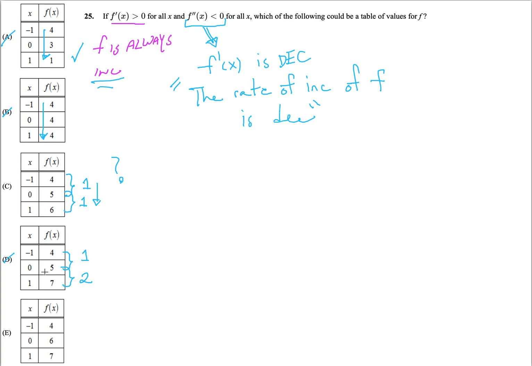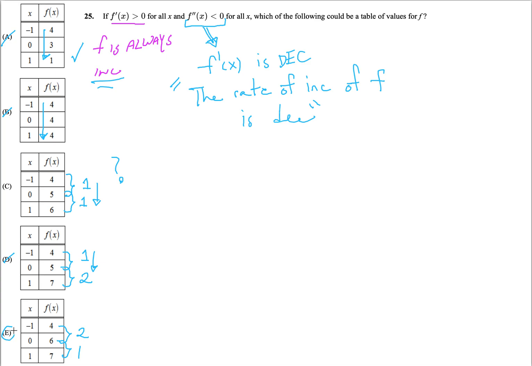So again, if you look here, the rate of increase between these 2 points, negative 1 comma 4 and 0 comma 5, is just 1. And then the rate of increase between 0, 5 and 1, 7 is 2. So the rate of increase of f is increasing as I go down. Now let's look at E. If I look at E, the rate of increase between these two is 2, and then the rate of increase between these is 1.